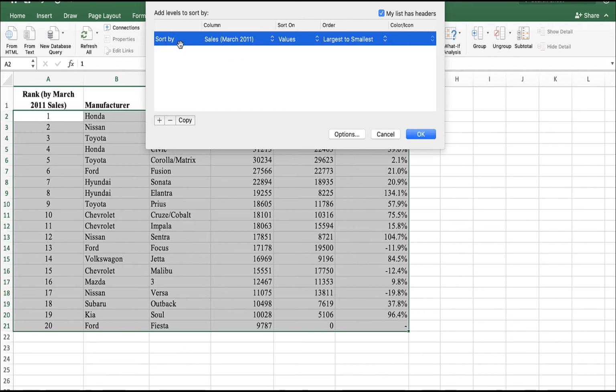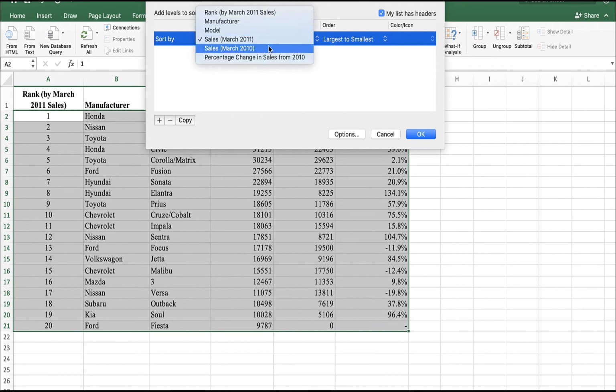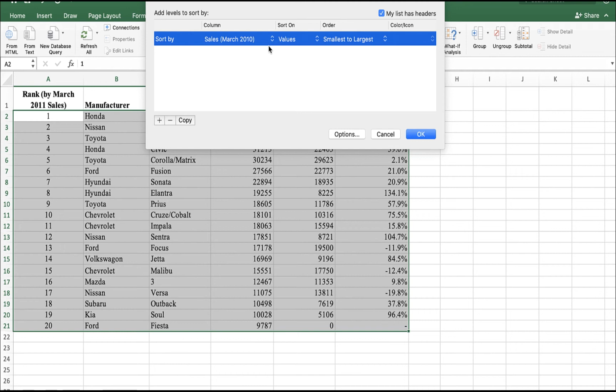So we want to sort everything by sales, not for March 2011, but for March 2010. And so it's as easy as that. Now notice I highlighted everything. If I just highlighted the sales column, it would just rearrange the sales column and leave everything else fixed in the same position.